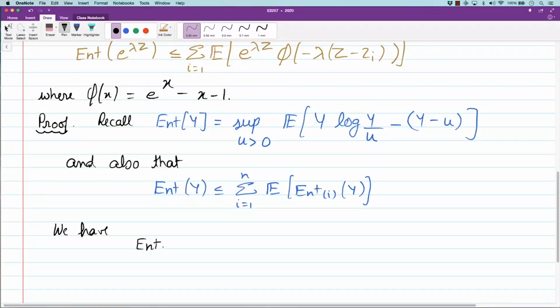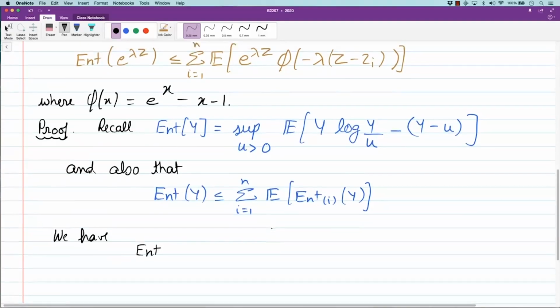This is a general recipe for the proof of all the log-Sobolev inequalities, where we reduce the bound for the n-dimensional case to the bound for the one-dimensional case. We're doing the same thing here. We'll derive a bound for entropy i here. In this entropy, everything but the ith random variable xi is fixed, so this expectation is over just the random variable xi. Okay, and this is equal to, or let's say this is inf, not sup. It is important.